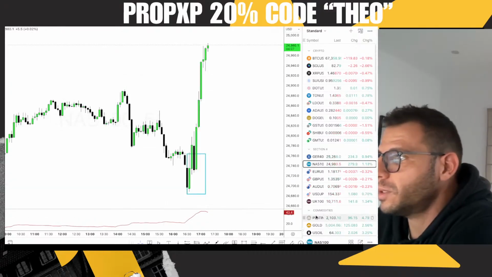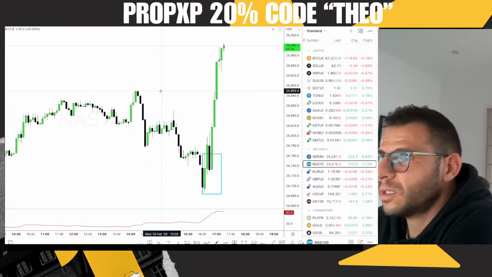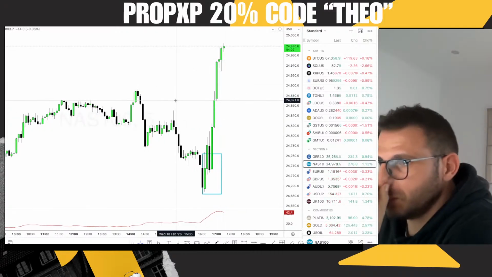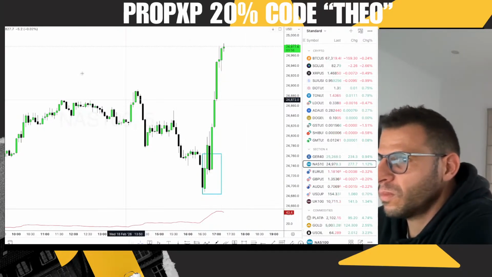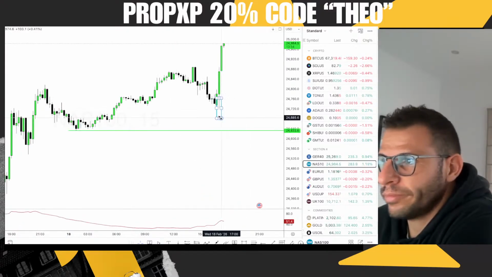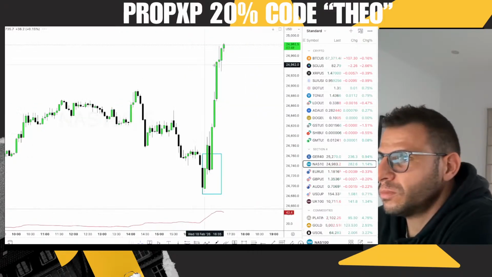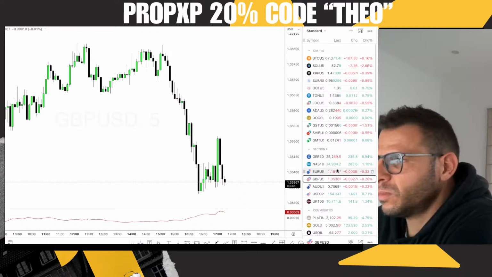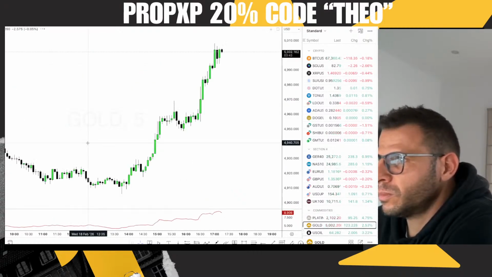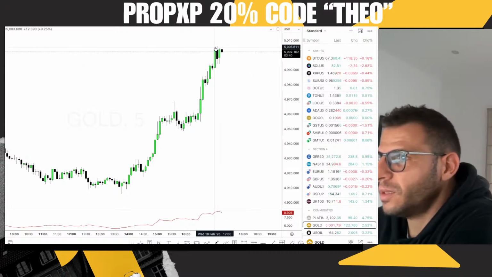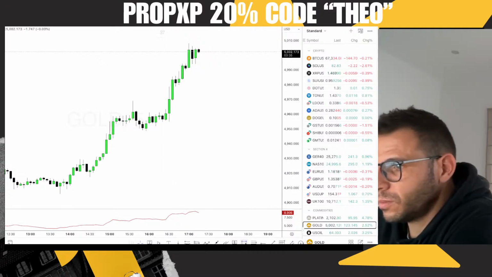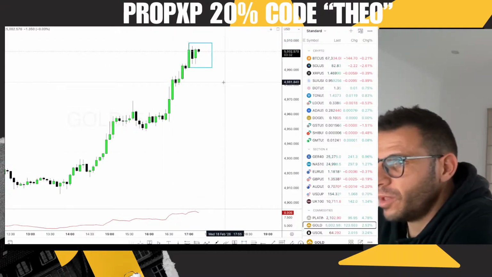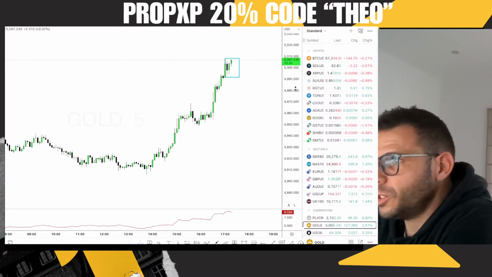Look at this, oh my god, it just keeps going. Nasdaq. Gold inside, double inside. Break above here can push it further up.